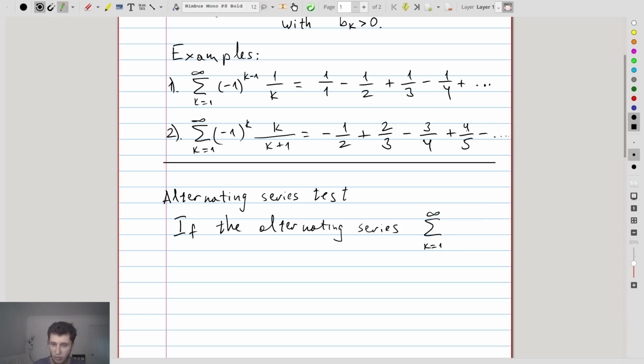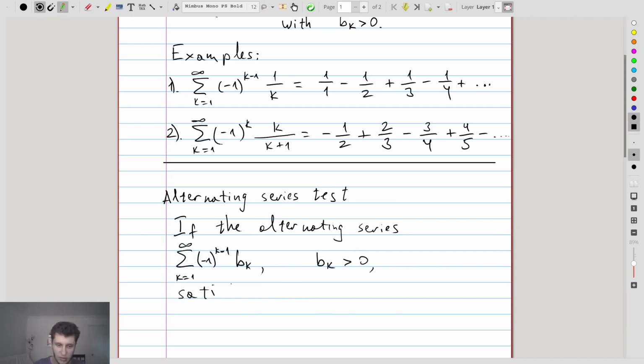So it starts off with the positive term. The argument is exactly the same if it starts off with (-1)^k. So suppose that we have this expression for our alternating series. Clearly here the b_k's must be positive by the definition of alternating series.